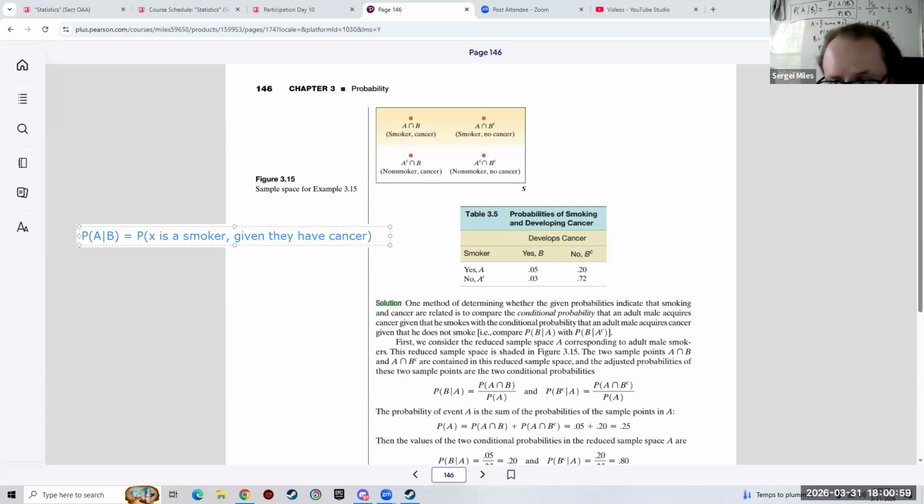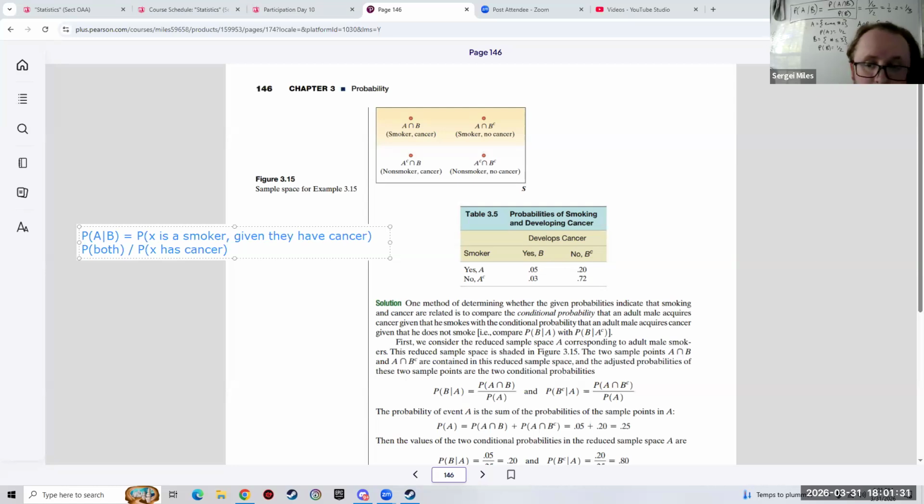What this does tell me, though, is the intersection of this stuff. The probability that someone is a smoker and has cancer, right? This doesn't tell me given information. But from our formula, we know that we would need the probability of both, and then that would be divided by the probability of the person having cancer. So X has cancer. All right.